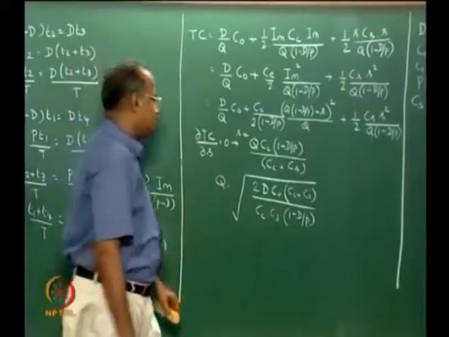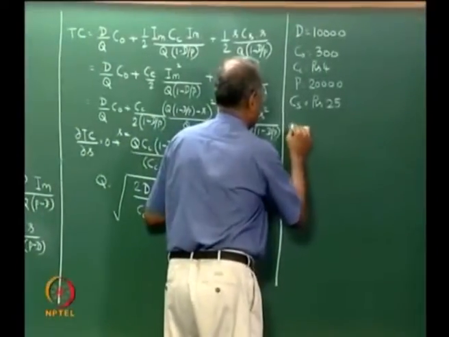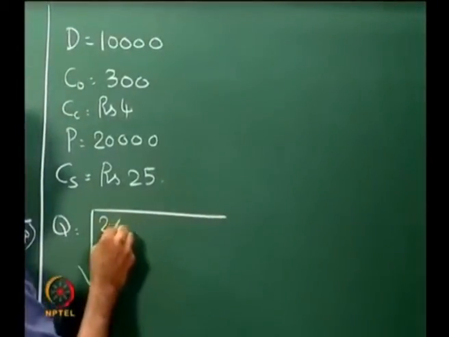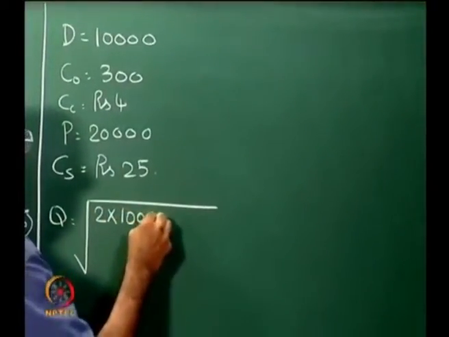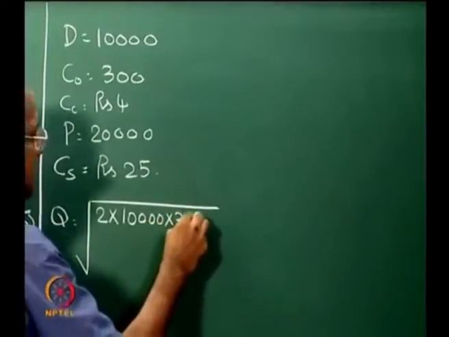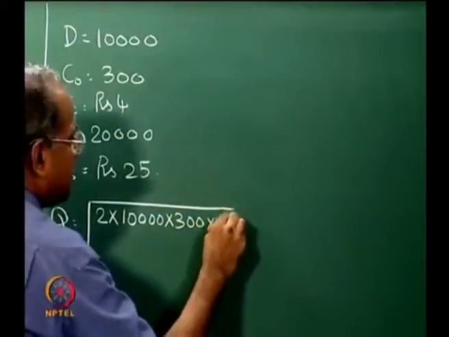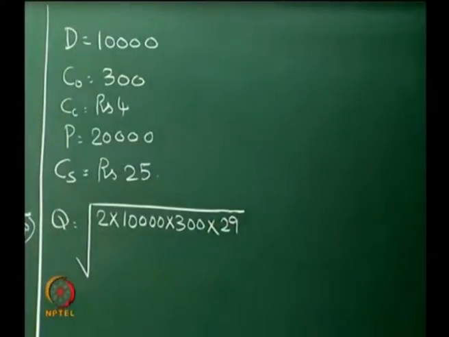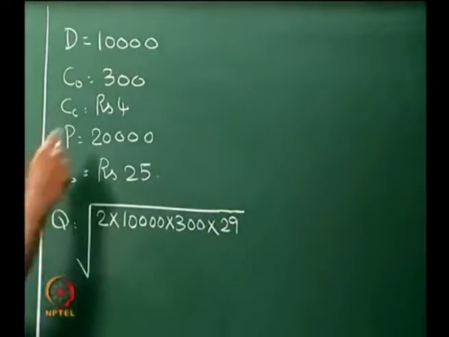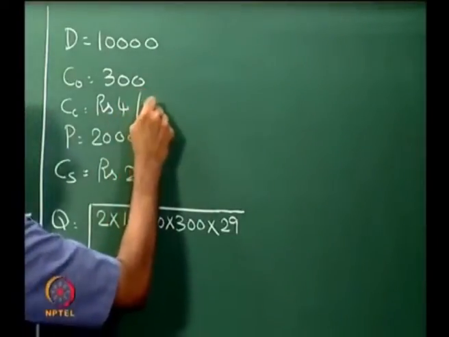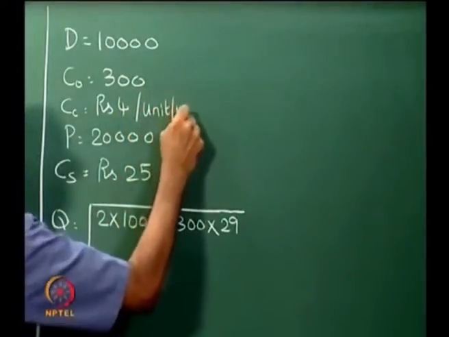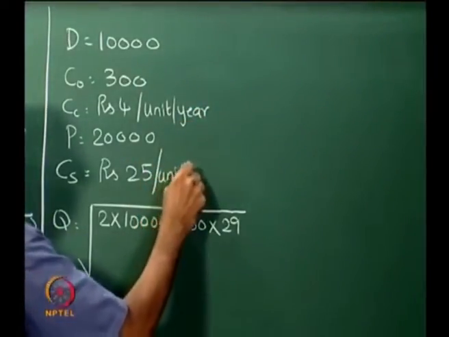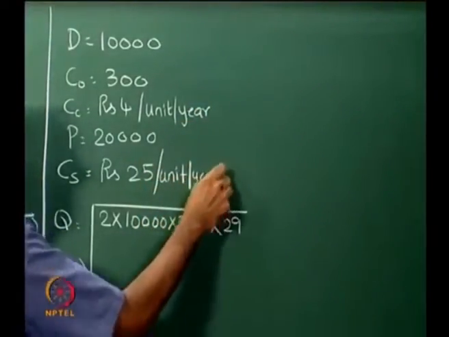Q. So, Q is equal to root over 2 into 10,000 into 300 into 29, which is Cc plus Cs, 25 plus 4. Note that both of them have a unit of rupees 4 per unit per year, rupees 25 per unit per year.